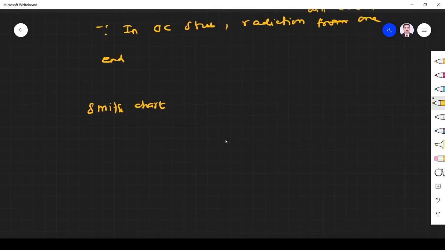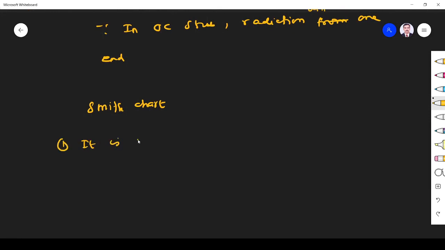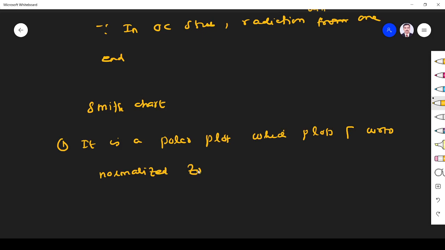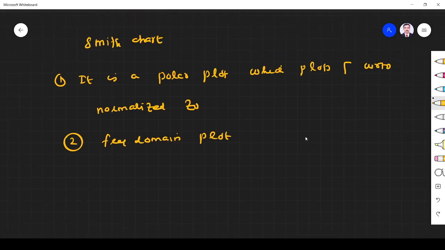The first thing is it is a polar plot, which plots gamma value, that is reflection coefficient, with respect to normalized Z0, normalized characteristic impedance. The second thing we must know about Smith chart is it is a frequency domain plot, right? So this is another thing we must know.